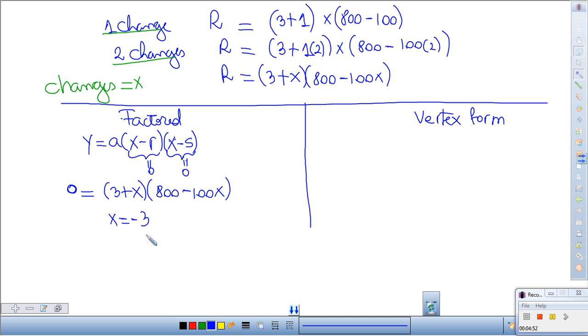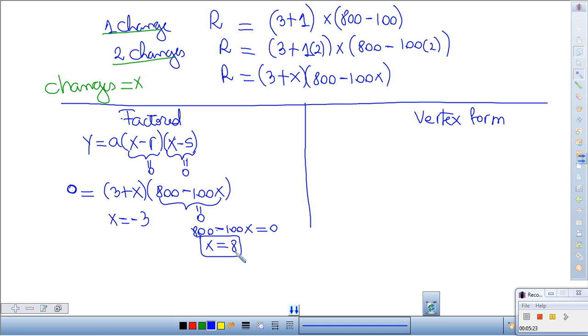I know that every change in price will be a $1 increase. And then for this other one, I'm going to set this whole equation to 0. And I have 800 minus 100x equal 0, or x equals 8.